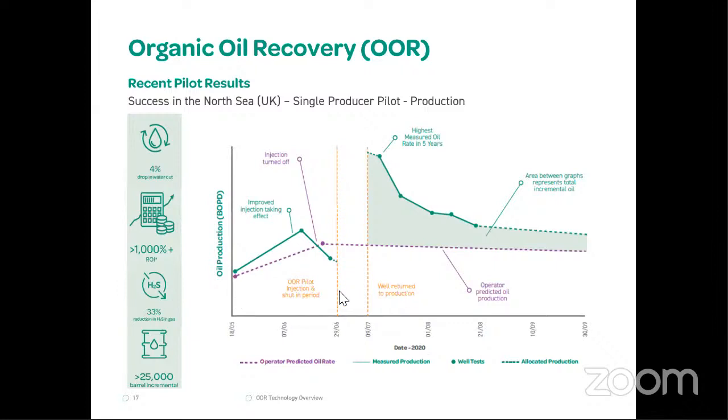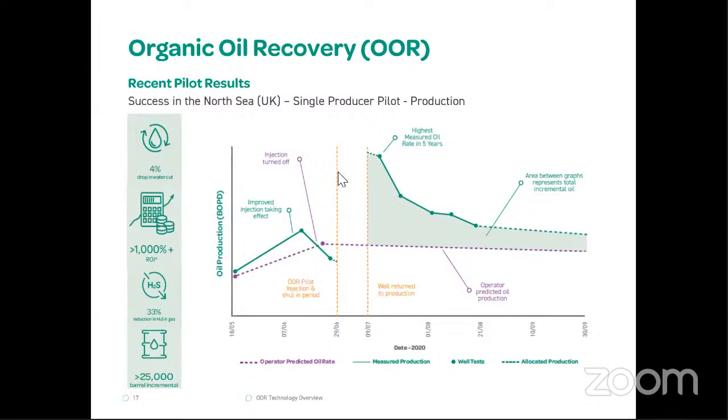If you see the left side, this was before the pilot test, before injecting anything, and the well was producing and then going to decline. If we extend this, after some time this well was going to decline here.